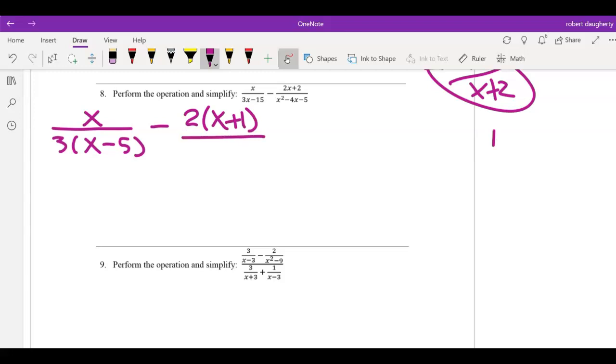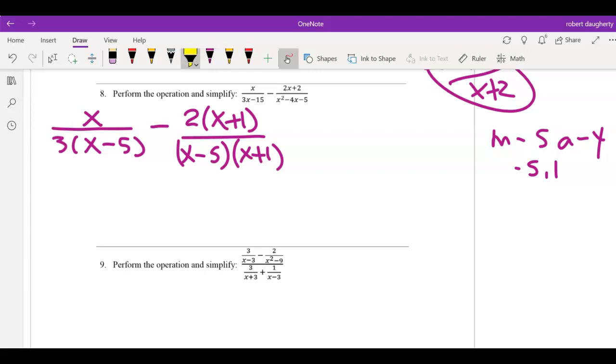And then are there numbers that multiply to negative 5 and add to negative 4? That's going to be a negative 5, positive 1. So this is x minus 5, x plus 1. So the common denominator is going to be 3 times x minus 5 times x plus 1.